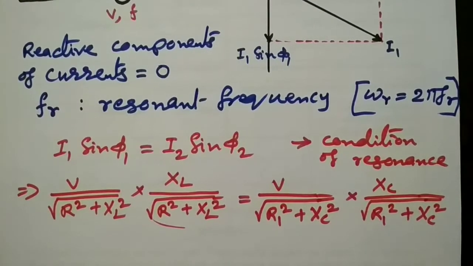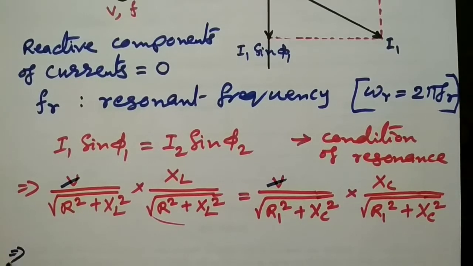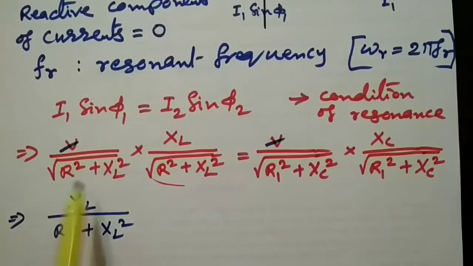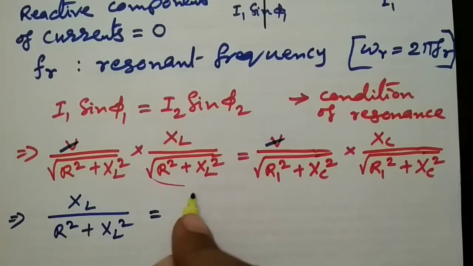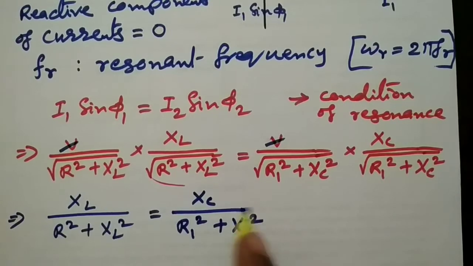So let's simplify this relation. At first V will be cancelled from both sides. So it will be XL upon R square plus XL square, because it will be multiplied, and it will be equal to XC upon R1 square plus XC square.